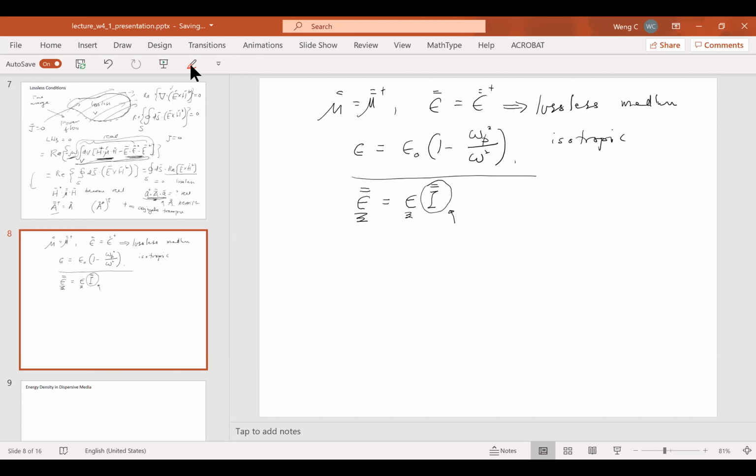An isotropic medium is just a scalar times the identity tensor. So what would epsilon be in order to make it a Hermitian tensor? Anybody? Is I a Hermitian tensor? Is I Hermitian?